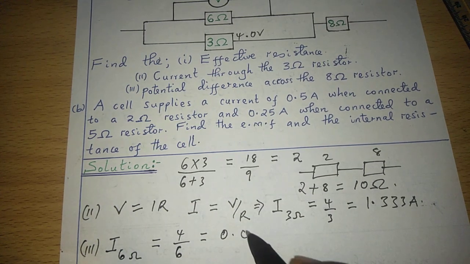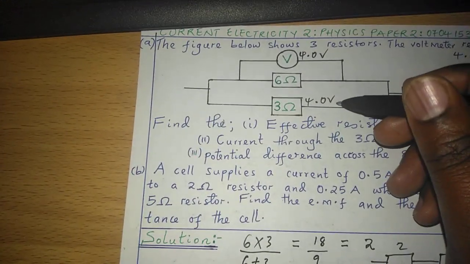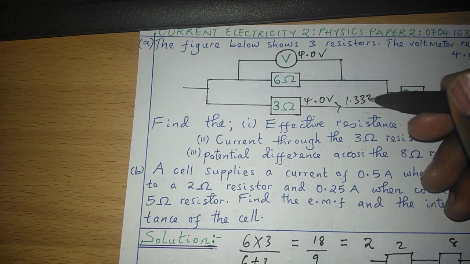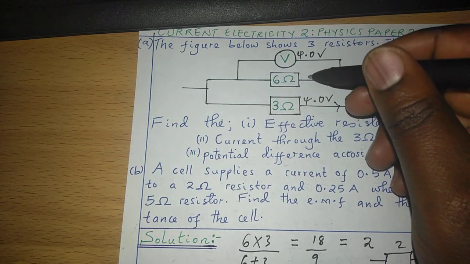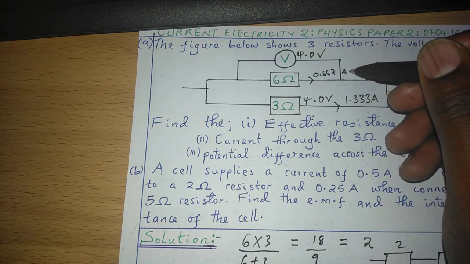This will be 0.667 amperes. Therefore, in this connection, we have a current of 1.33 here, and here a current of 0.667 amperes.